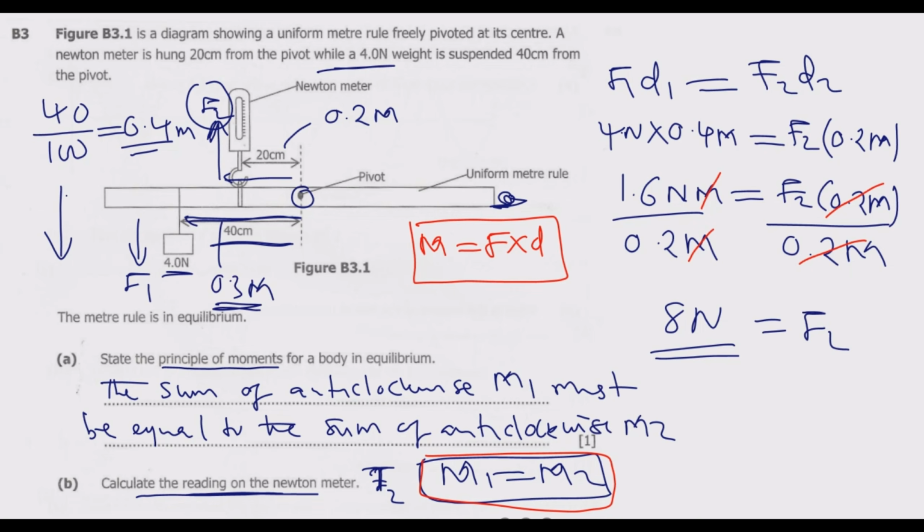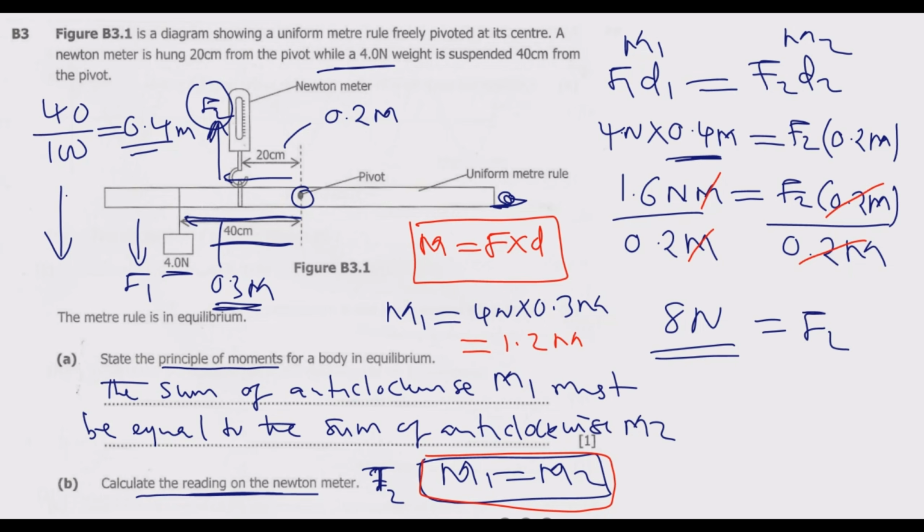Here we are no longer multiplying by 0.4, we are multiplying by 0.3. We call this M1 and remember this is M2. So M1 now becomes 4 Newton multiplied by 0.3 meters, which is 1.2 Newton meters.